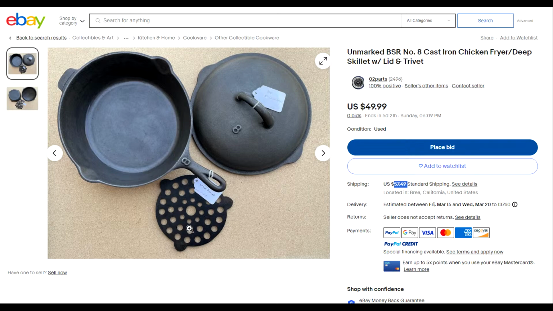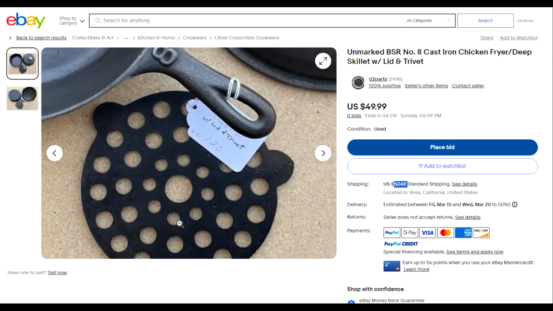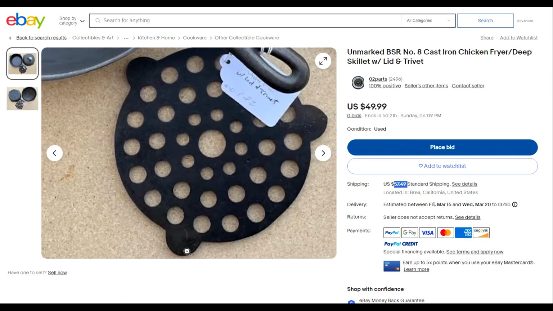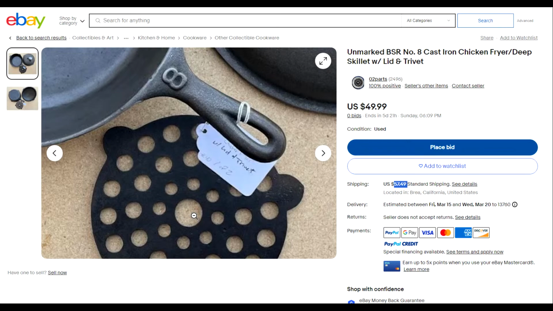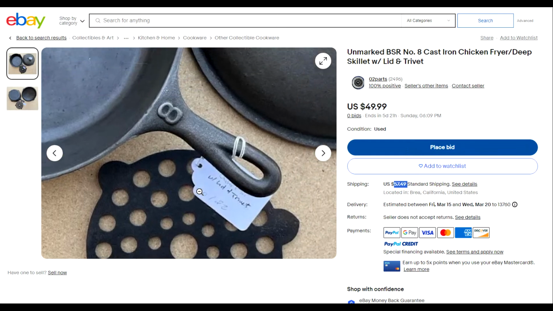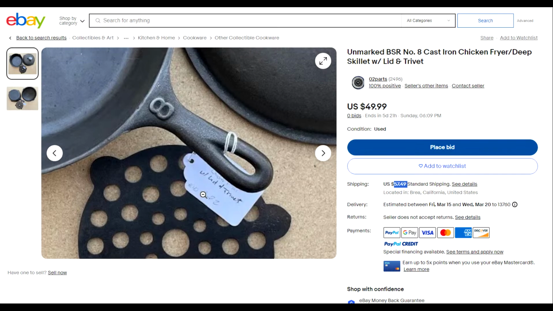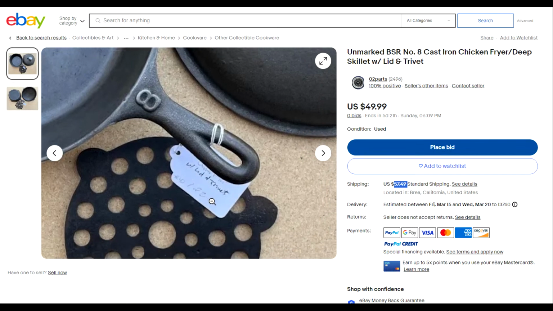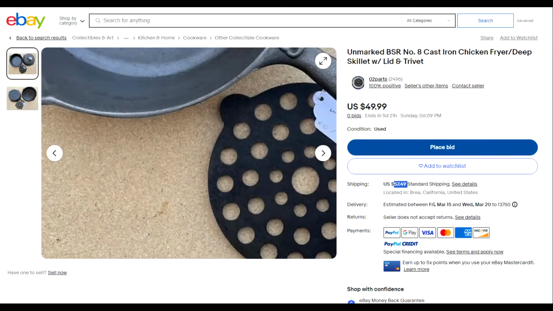And this trivet looks like a Lodge. I may be wrong about that. I will not say I'm absolutely certain it's a Lodge trivet, but that's the first thing I would think of as well. So, with lid and trivet, obviously this guy either has his own antique store or booth or something because of the fact that he put a sales tag on it.